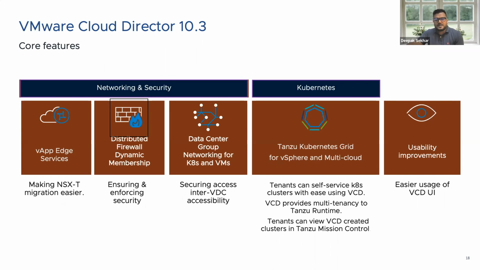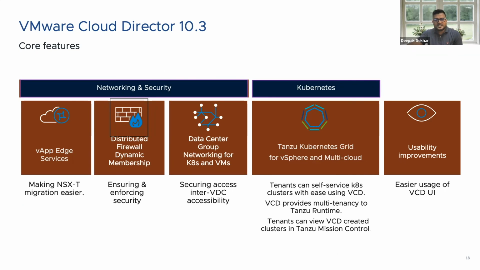Also, distributed dynamic firewall membership adds complete automation for providers to offer policy-driven security to customers. Lastly, data center group networking makes communication between Kubernetes clusters and VMs within the same org possible.